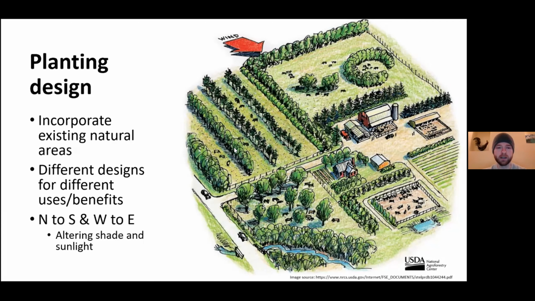On the left-hand side you have almost alley cropping, with the trees placed in rows. As the sun travels from east to west, you're going to get differing times for shade and sunlight, and your livestock can move around and take advantage of that, as well as crops if you had those in between instead.